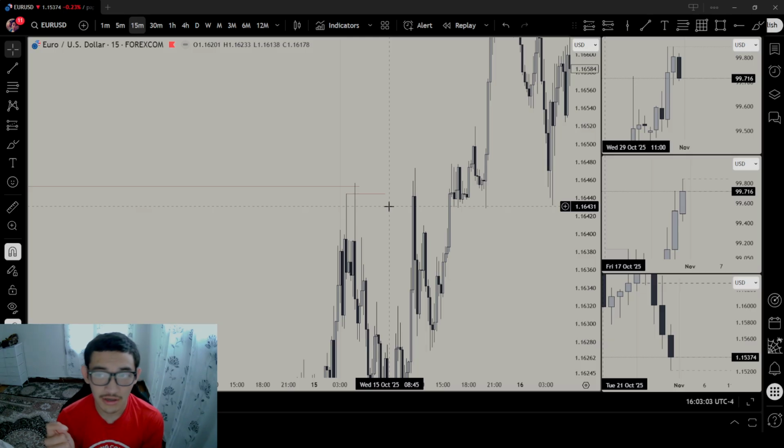A liquidity pool. So you could say above in liquidity pool, below in liquidity pool, or to make it simpler, since liquidity pools are just basically highs and lows, just say above old high, below old low, right? These always give you the best V-shaped reaction trades.